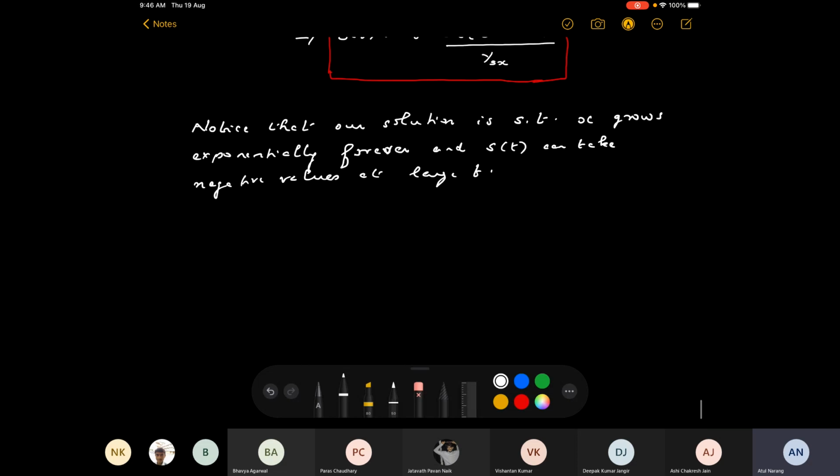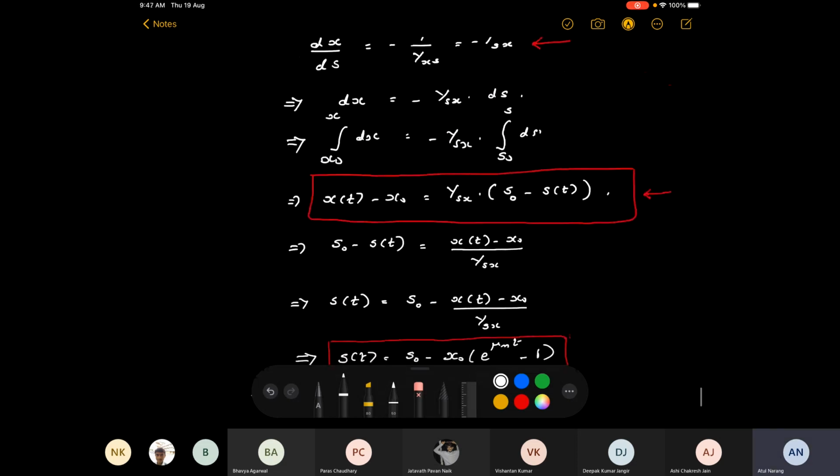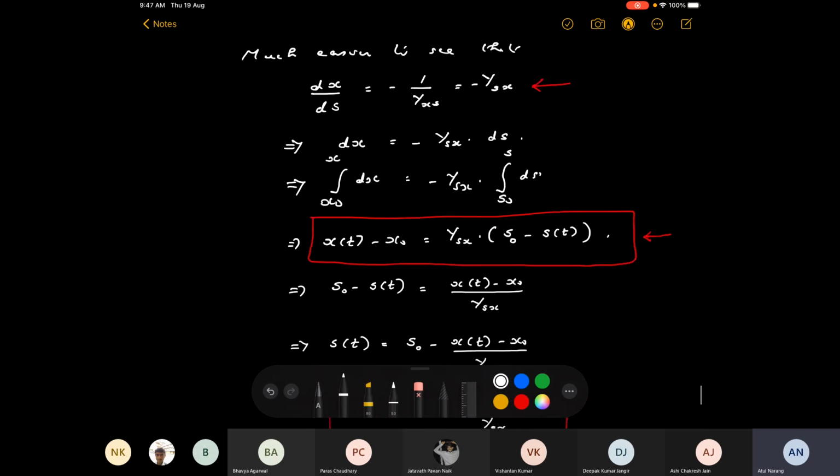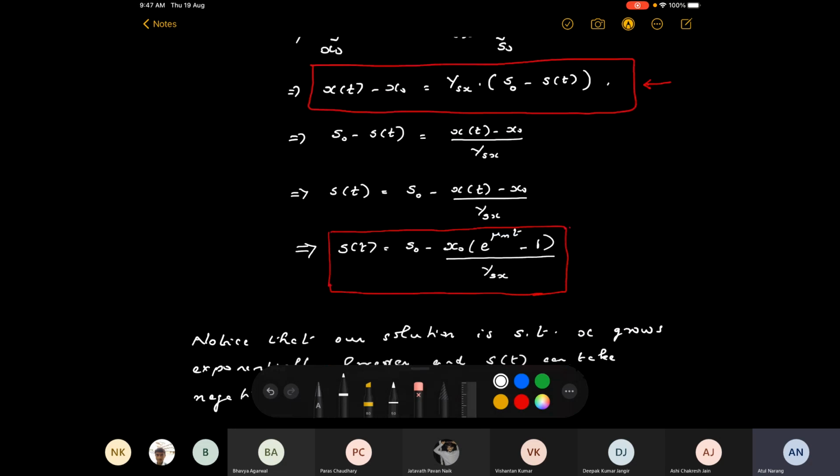So let's just go back and take a look. We have said that x grows exponentially in that form. This means that x just keeps on growing and growing and growing forever, right? Now, if x grows forever, and I put it into this equation, you can see that at some point, S will become negative.